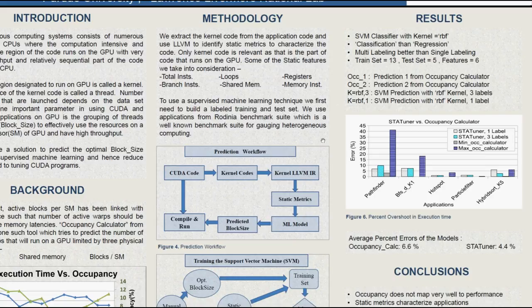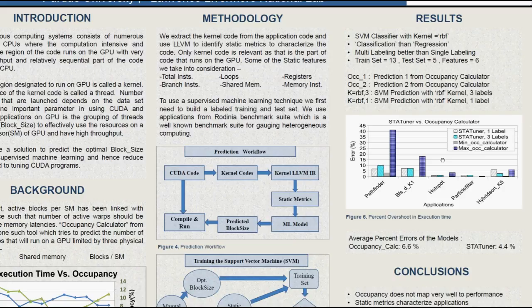In figure 6, percentage error is a measure of the relative difference in runtime at the predicted block size and at the optimal block size. Lower error represents better prediction. We compare percentage errors of STATuner with one label, with three labels, and the minimum and maximum percentage errors from the occupancy calculator.